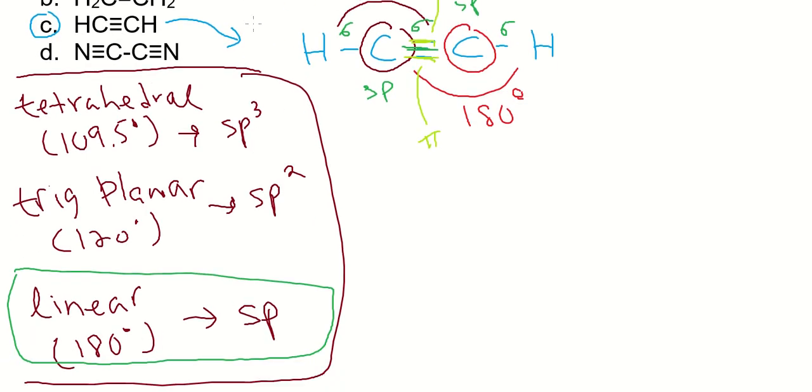Now let me go into the explanation of why we need all of this theory to explain this acetylene molecule. So here is the valence electron configuration for a carbon atom.